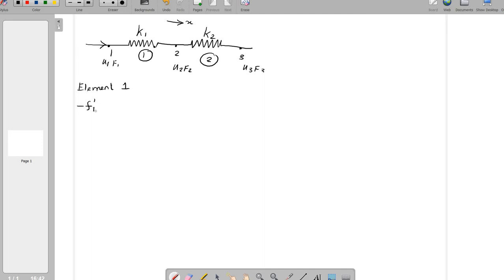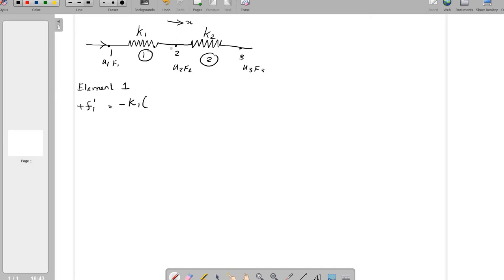It implies for the element number 1 we consider node number 1. The upper 1 indicates the node number, and the subscript indicates the element number. While putting negative to the force sign, I am making F1 positive and putting negative to the stiffness coefficient K1.